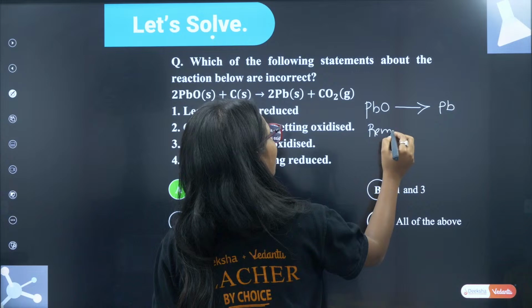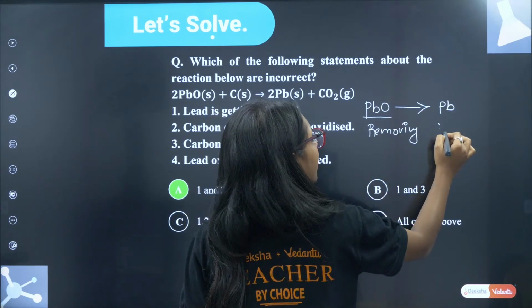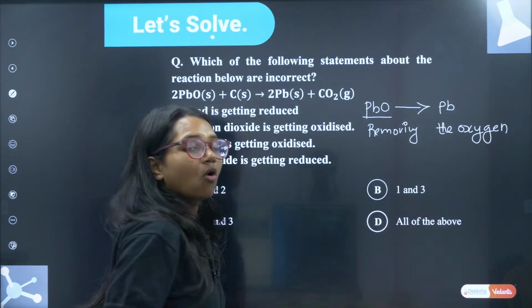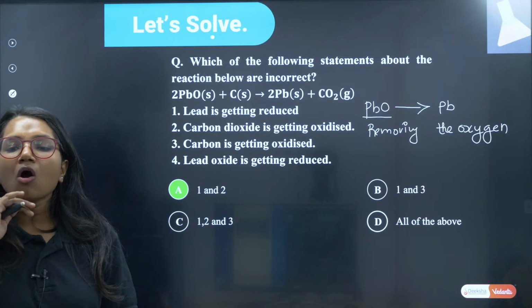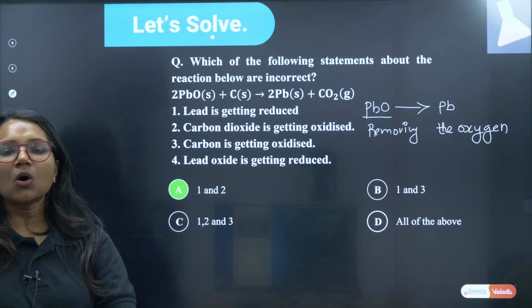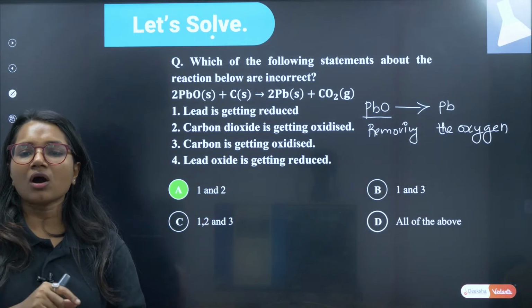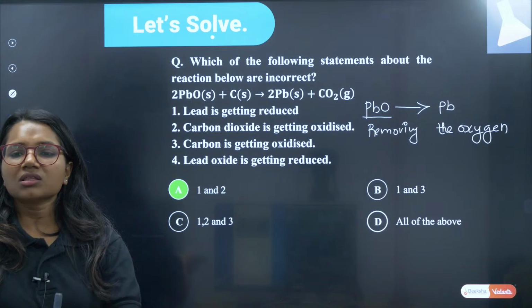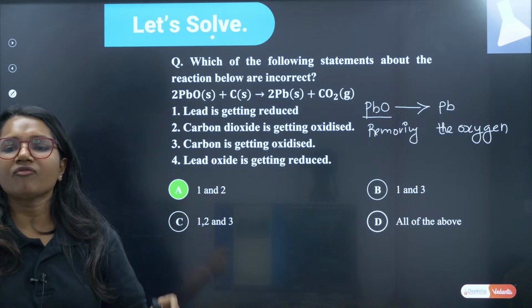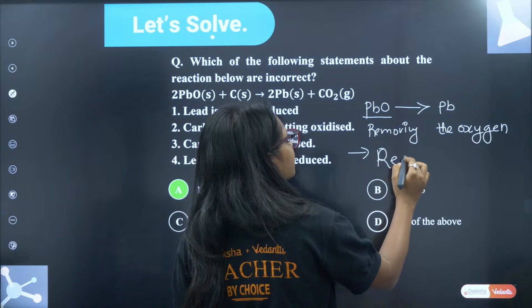Removal of oxygen is called what? Do let me know in the chat box what is the meaning of removal of oxygen. Yes, this is called reduction.